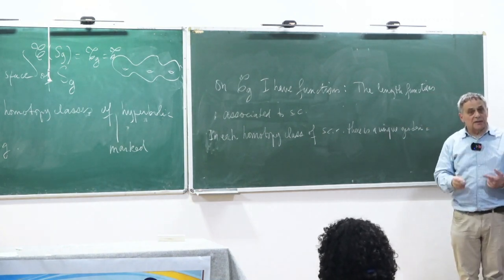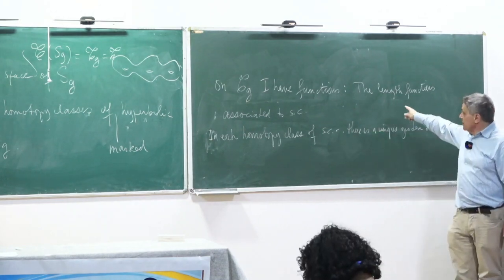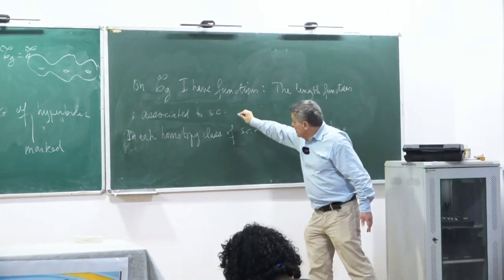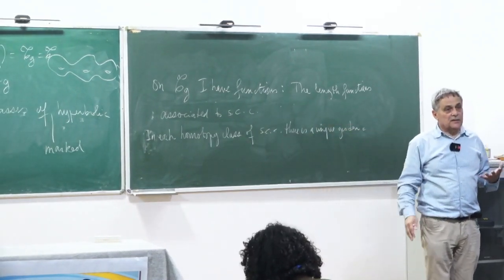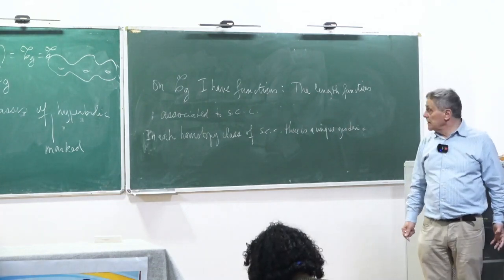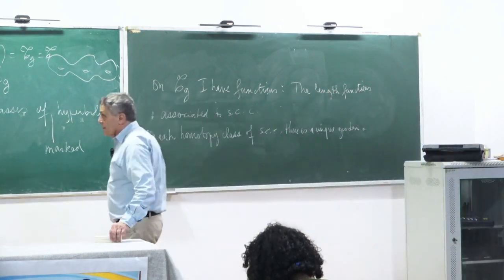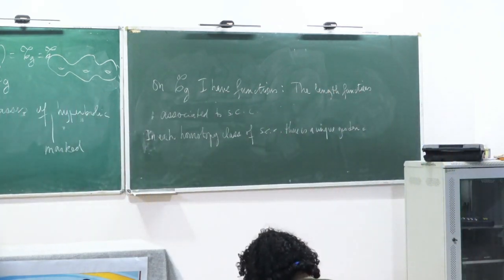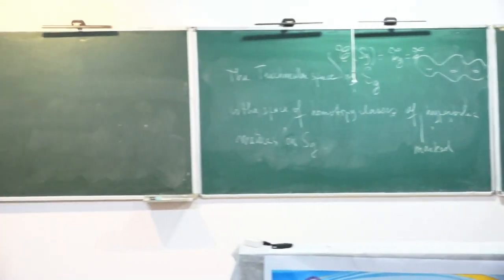There's a unique shortest curve. And when I say the length function associated to a simple closed curve, it is the length of the unique geodesic in this homotopy class. Let's write it here. This is not difficult. In fact, this is a proposition.